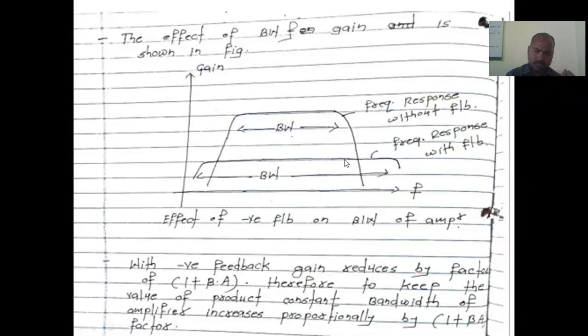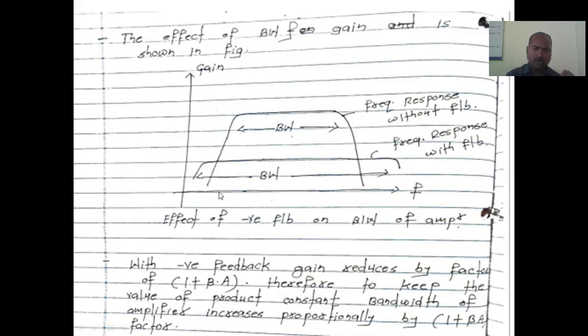This diagram shows frequency here and gain here. When we are using the feedback, the range of frequency starts here and ends here. Compared to this, it is more.